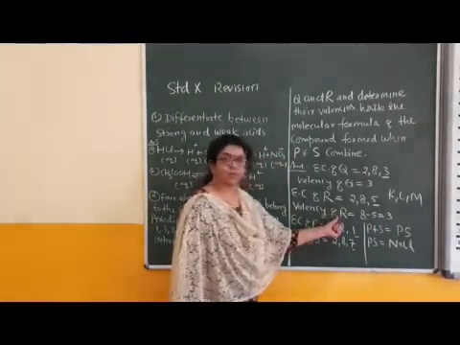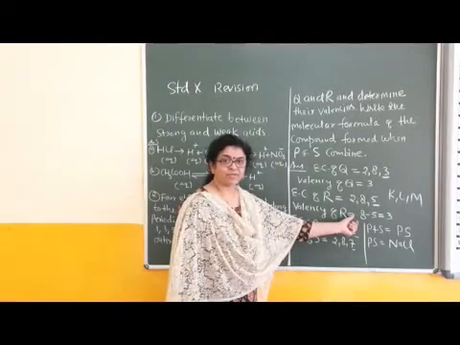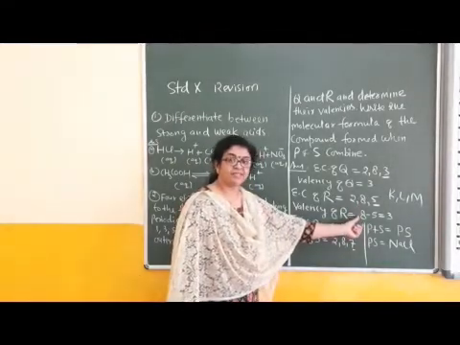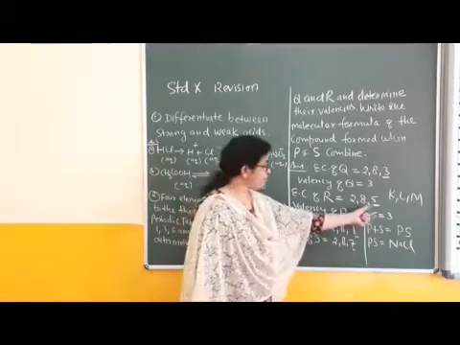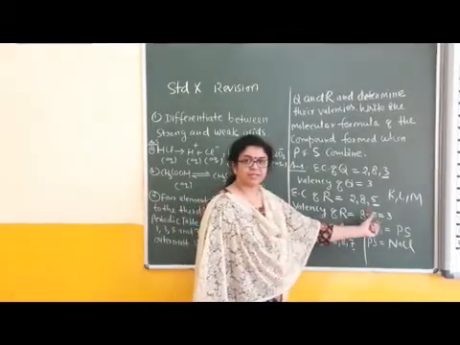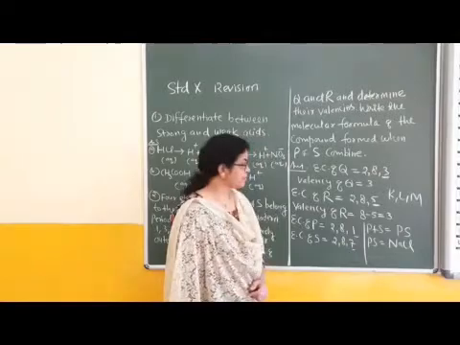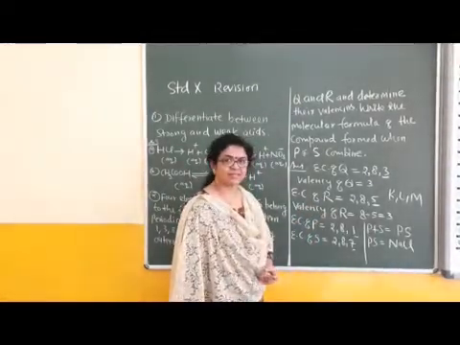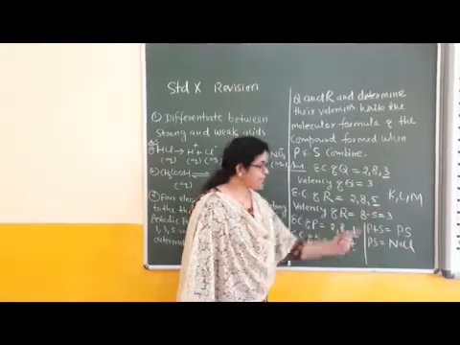The valency of R is found through the octet, which is 8 electrons: 8 minus the number of valence electrons, 8 minus 5 is equal to 3. Element R shows two valencies: one is 5 and the second is 3.